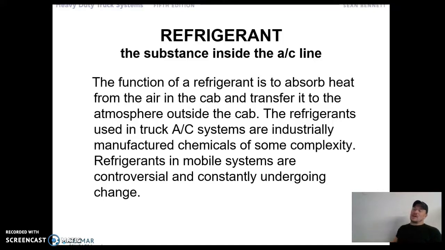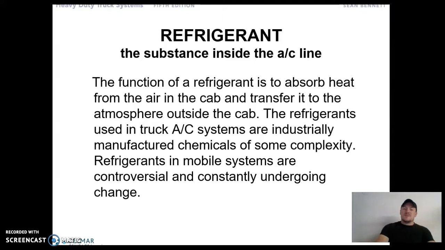Anything that holds any sort of heat energy whatsoever, which is anything above negative 460 degrees Fahrenheit, I believe, is the cutoff for heat energy. At negative 460 degrees Fahrenheit, you have no heat energy, but at negative 459, it would still work for an AC system. Your boiling point would just be ridiculous.